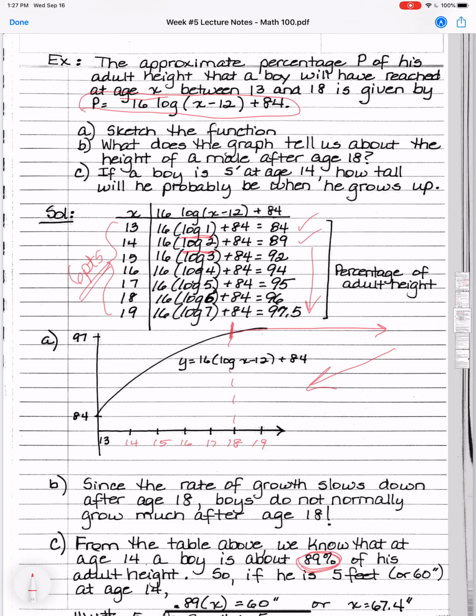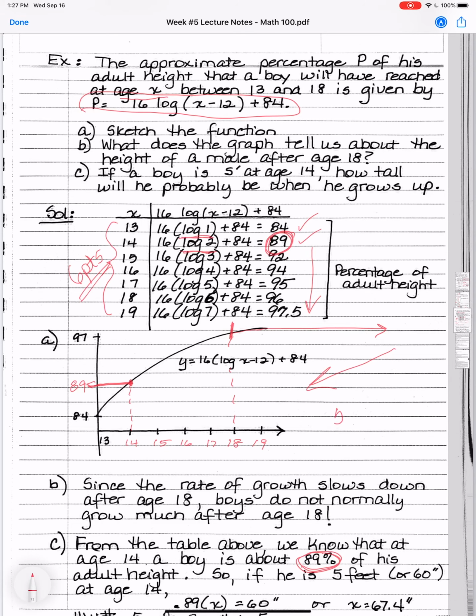You can also read that from the graph if you wanted to look at this point. You can see you're about 89% of your height there, right here at age 14.